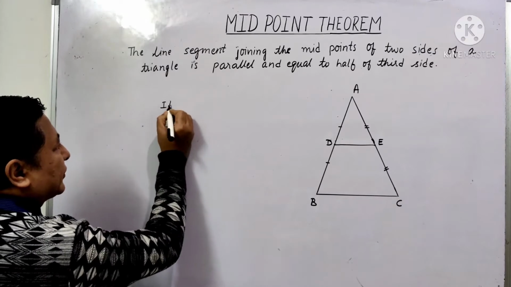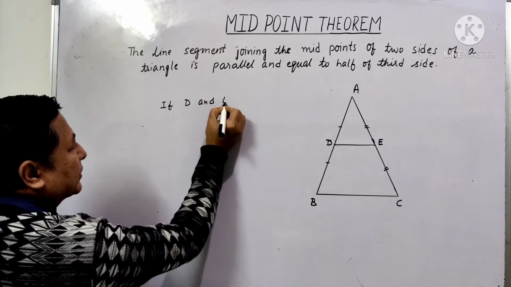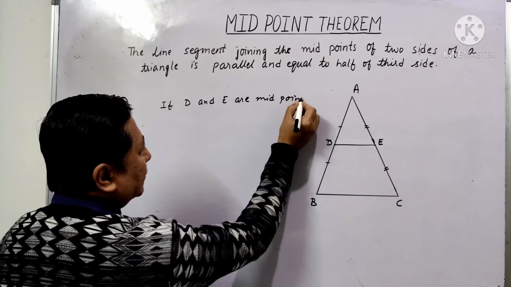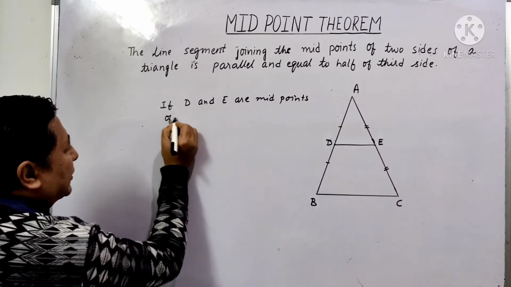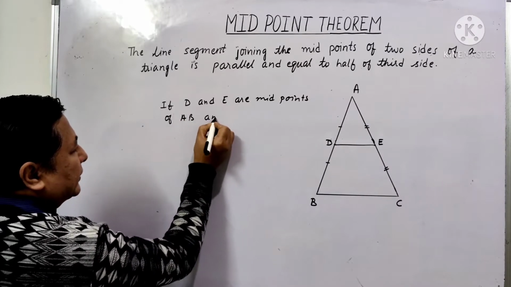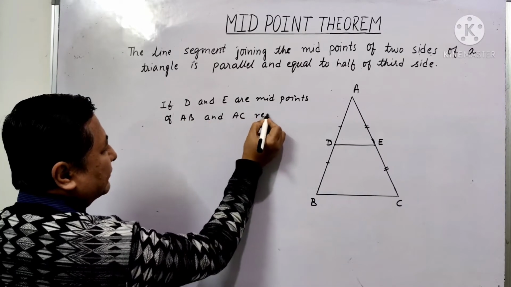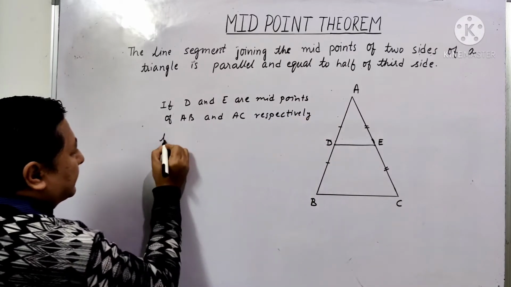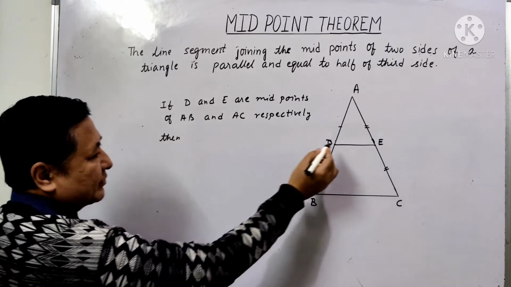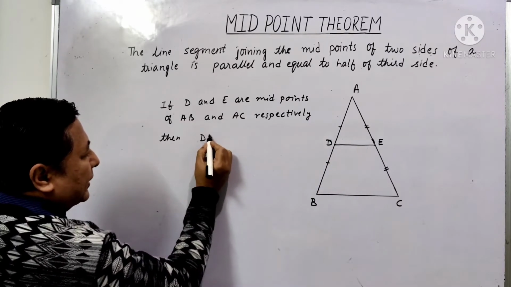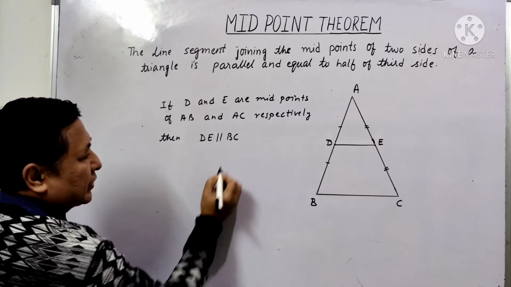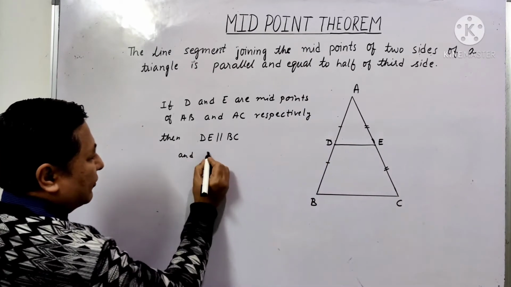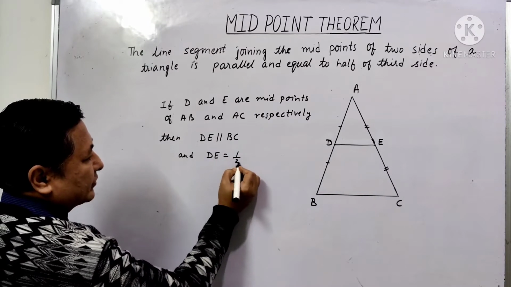So if D and E are midpoints of AB and AC respectively, then this line segment DE will be parallel to BC and also DE will be half of BC.